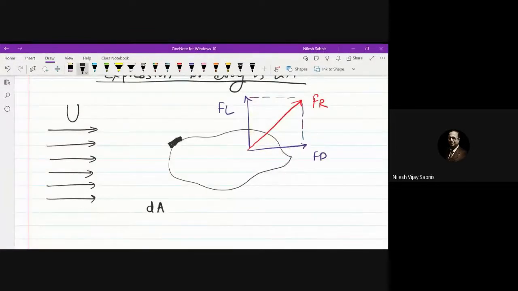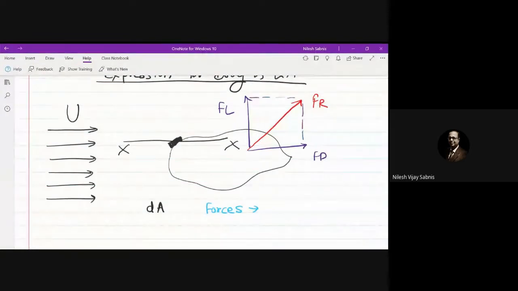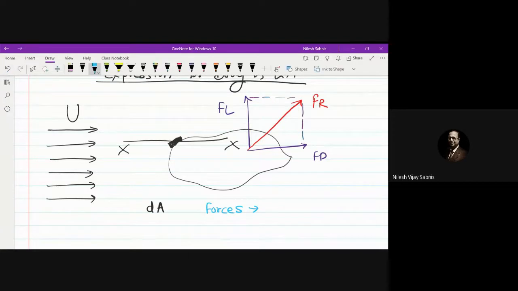For that, we will consider the directions. So one direction which is passing through the center is the XX section. Then the different forces acting on that surface area dA. First is the pressure force, acting in the direction perpendicular to the surface.